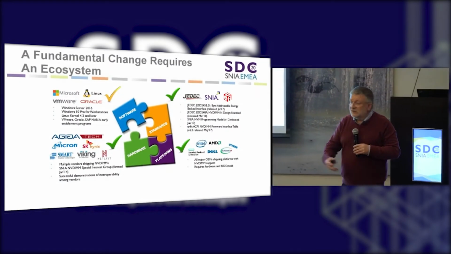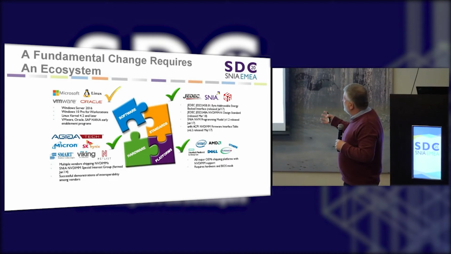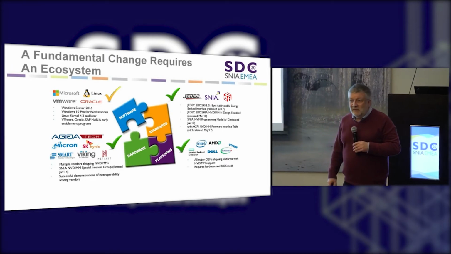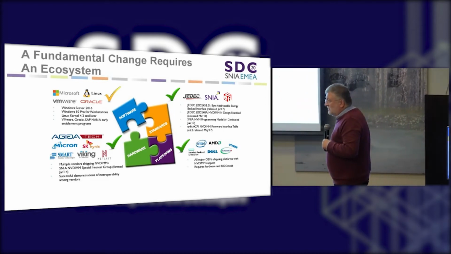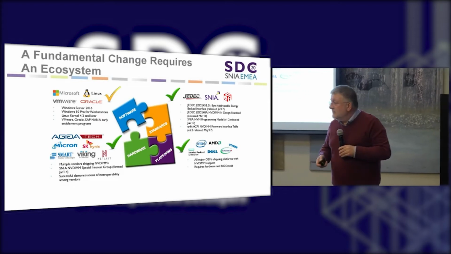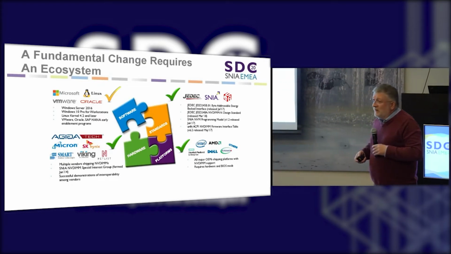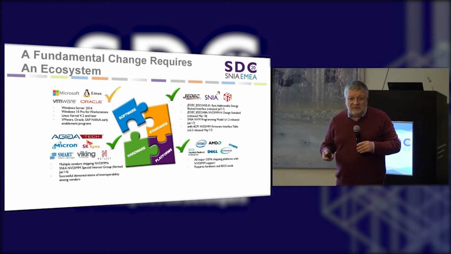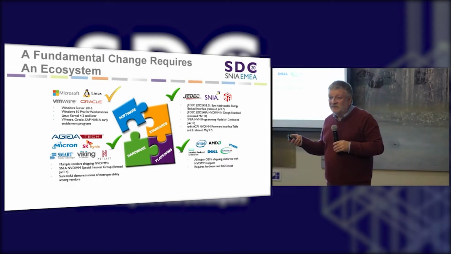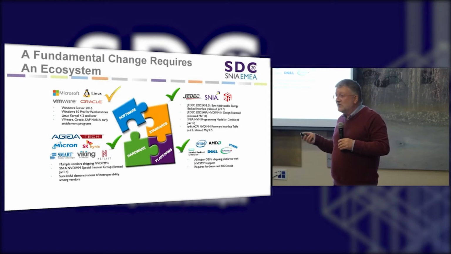So, again, Michael talked about this ecosystem. People came together and said, yeah, we need to cope with this new stuff. In particular, we need to cope with it because of the things I've been mentioning, like its non-deterministic nature. And also because we needed the hardware people to talk to the software people. We need operating systems to be able to understand, for instance, where the persistent memory is.